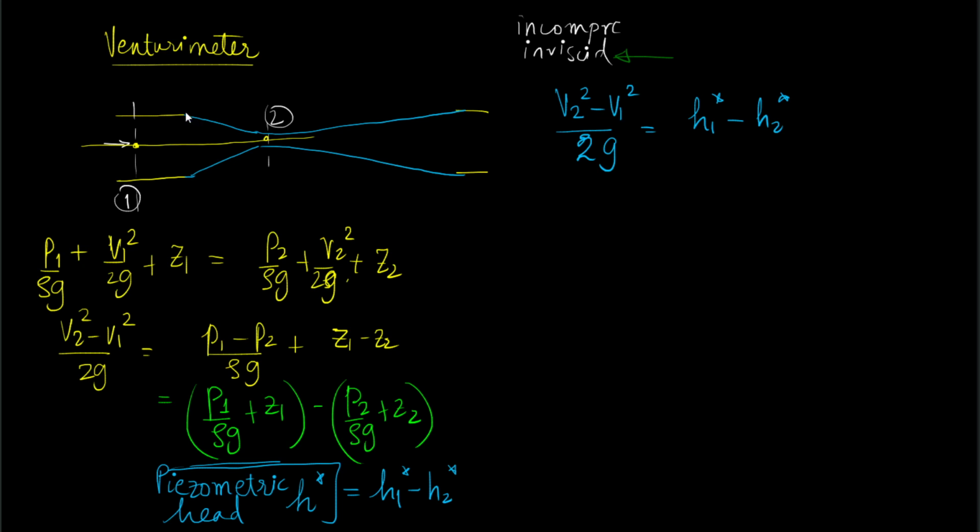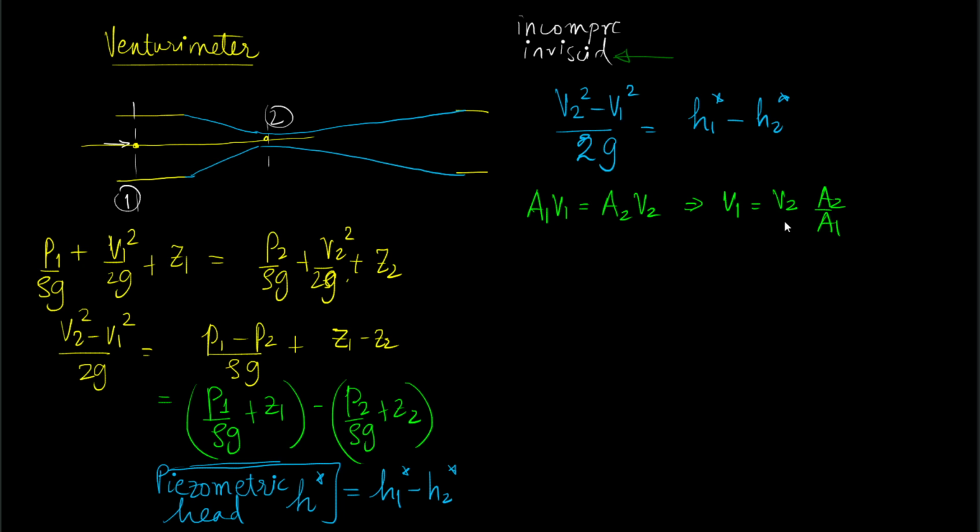So, we can make use of the continuity equation between stations 1 and 2 to write A1 V1 is equal to A2 V2. And this is true when the flow is steady and the density remains constant across the two cross sections. So now we can essentially write V1 is equal to V2 times A2 upon A1.